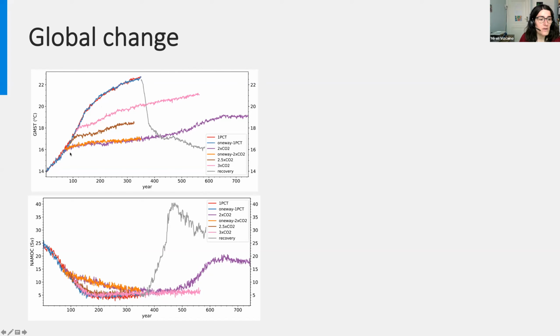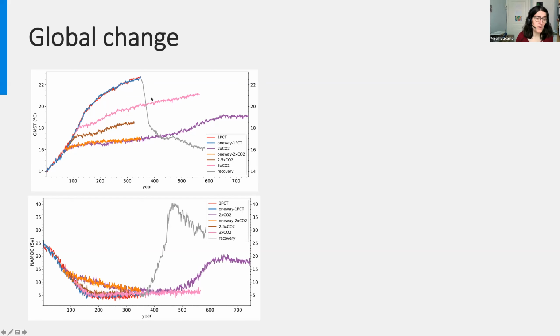And this is how it goes in a 3 times CO2. At the time that we are stabilizing at 3 times CO2, the trend for the warming reduces, but still the warming continues because we have this inertia that is coming from the ocean.